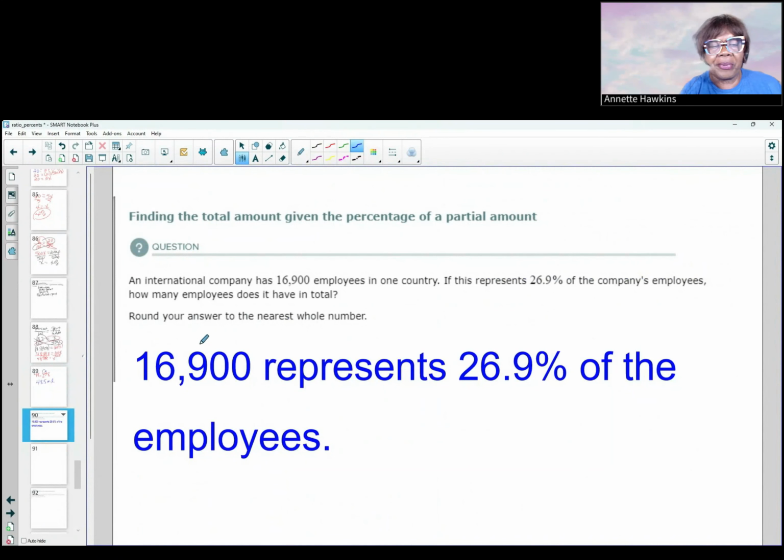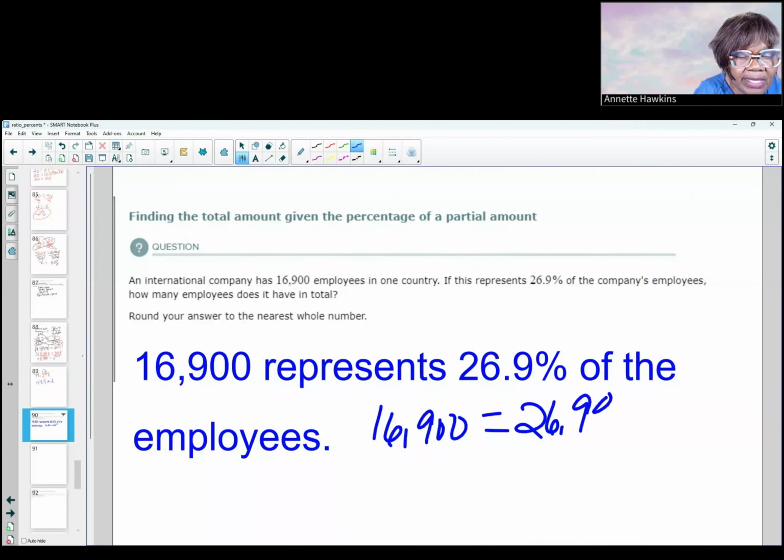If this represents, that's the same thing as saying if this is, represents means is, 26.9% of the employees, this is good stuff here. So 16,900 is 26.9% of the employees, and I'm going to use an E.